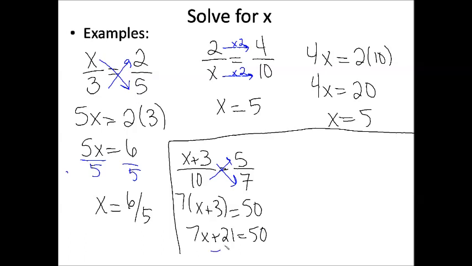Take 21 away from both sides. It almost worked nicely. Do you see that? It was so close. Divide by 7. And again, 29 does not divide by 7, so you can just leave it as a fraction, and that's okay.